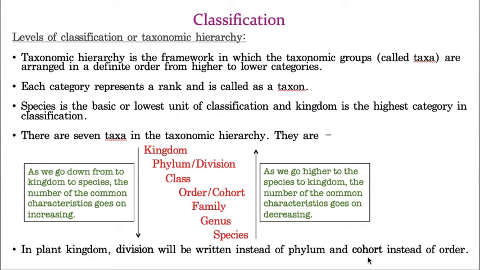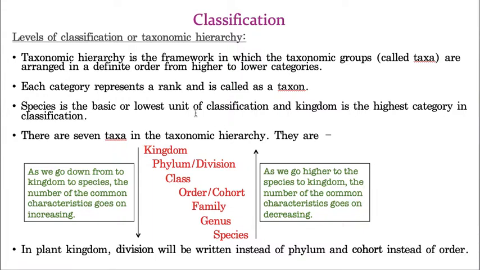Nomenclature means giving a name to the organism. Now we will take the third step, a very important step, and to be frank, a lengthy step also, that is classification. Classification includes various levels, and these levels are called the taxonomic hierarchy.